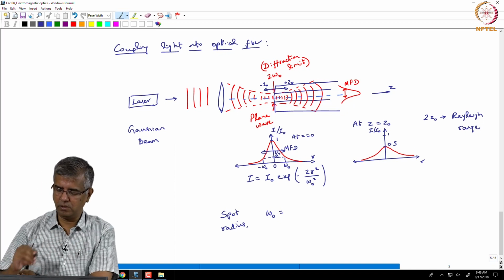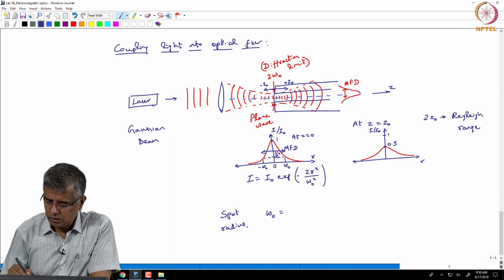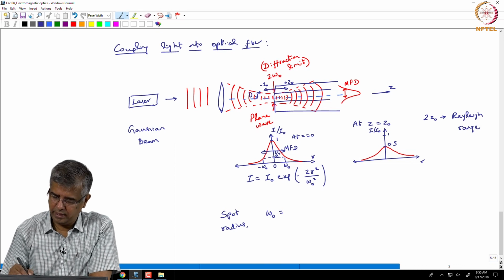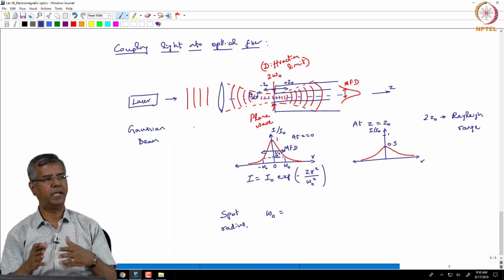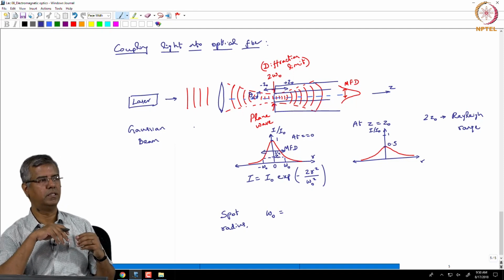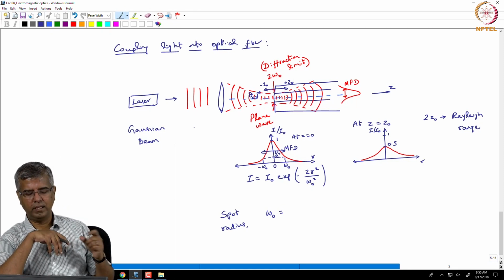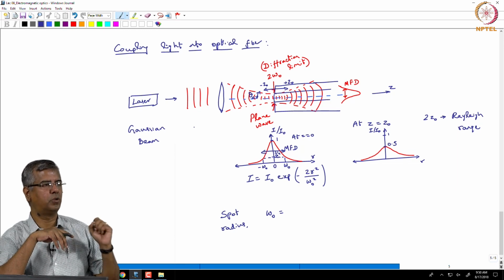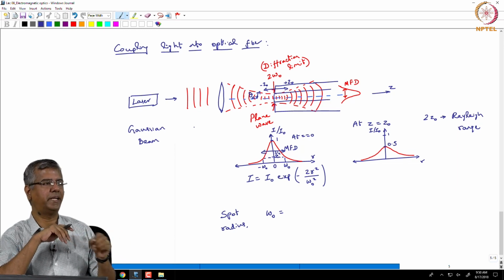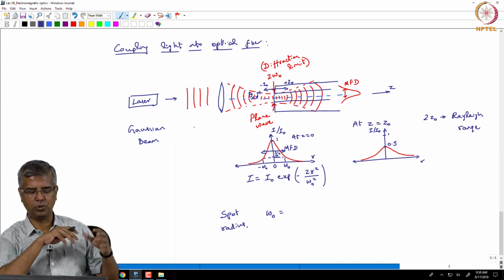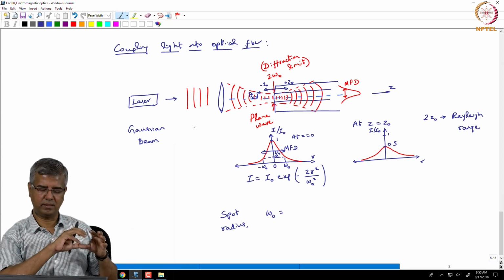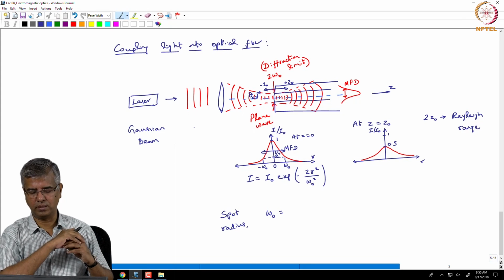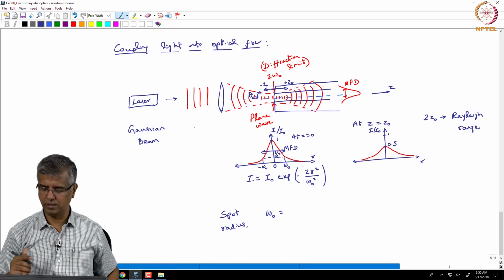Clearly it has a dependence on the angle at which I am trying to come to a focus, because if I have a shorter focal length lens, you can imagine it is going to get focused to a tighter spot size, as opposed to a lens that has a fairly long focal length.